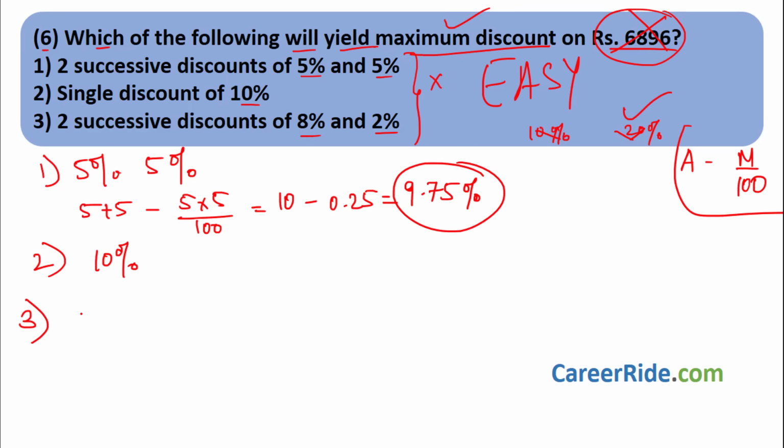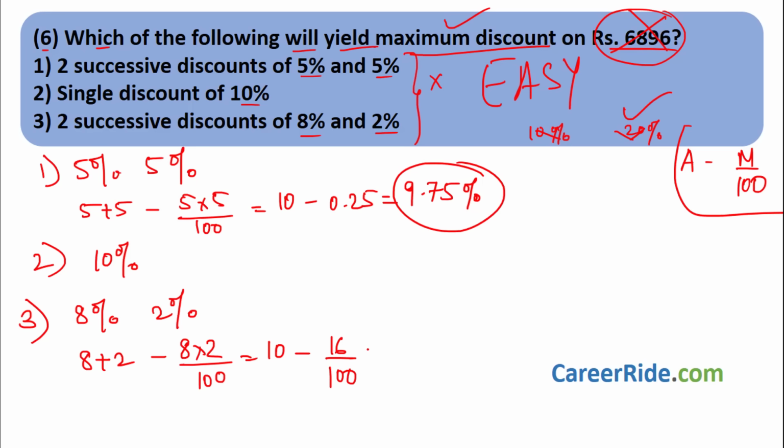Third one, two successive discounts of 8% and 2%. What is the single equivalent of this? 8 plus 2 minus 8 into 2 by 100. 10 minus 16 upon 100. Okay. Now, instead of calculating this, we just want the maximum discount. No need to go into its calculation.